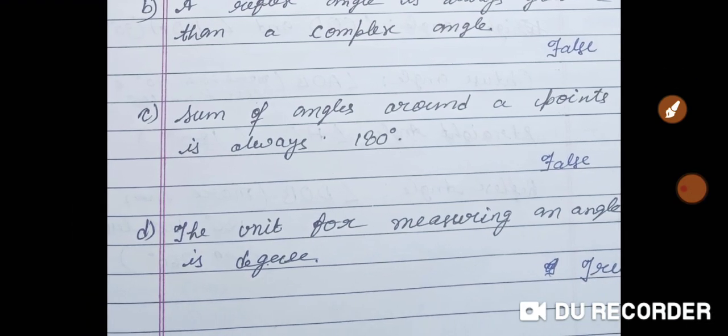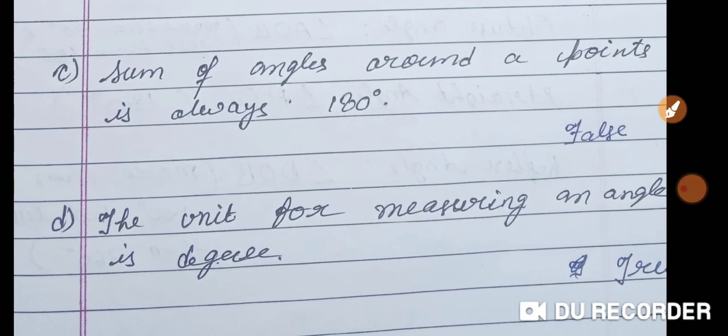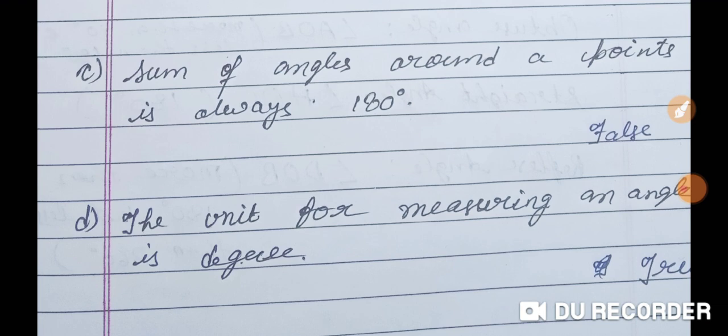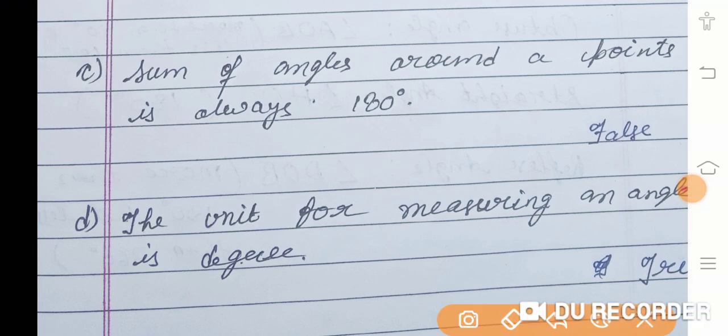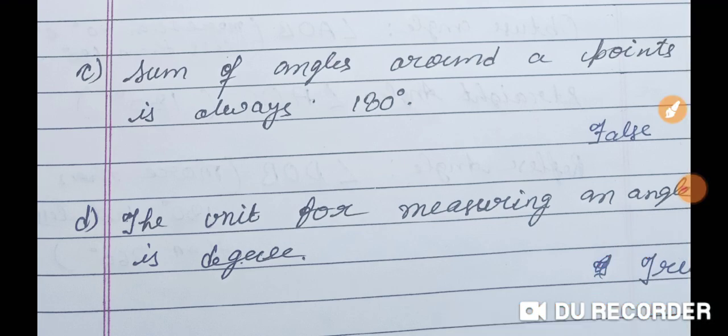Now D, the unit for measuring an angle is degree. Yes, we are measuring the angle in degree, so it is true.